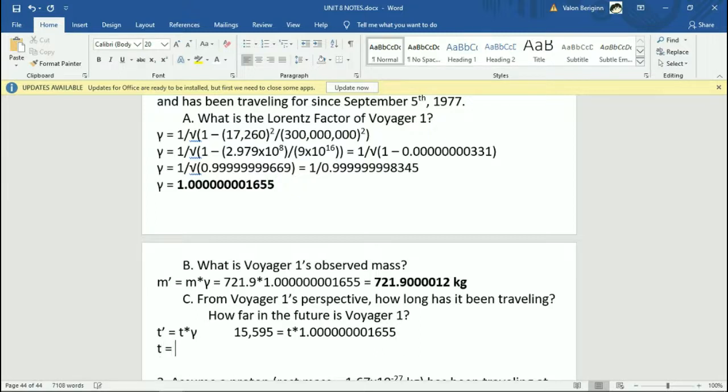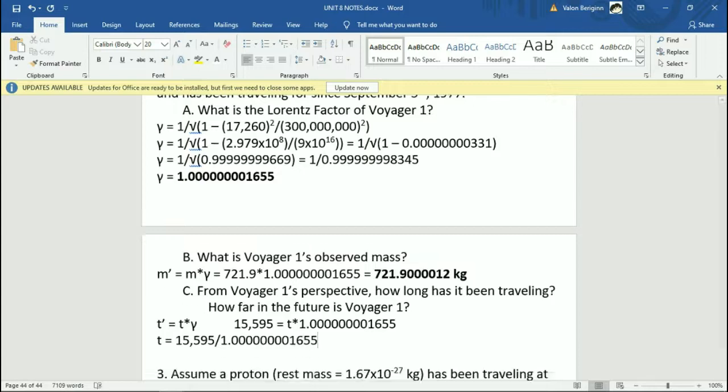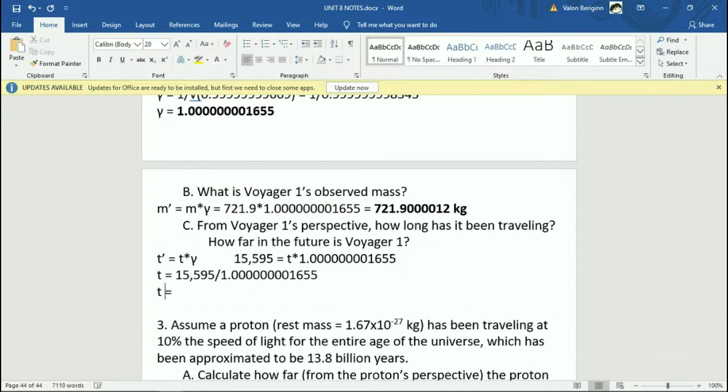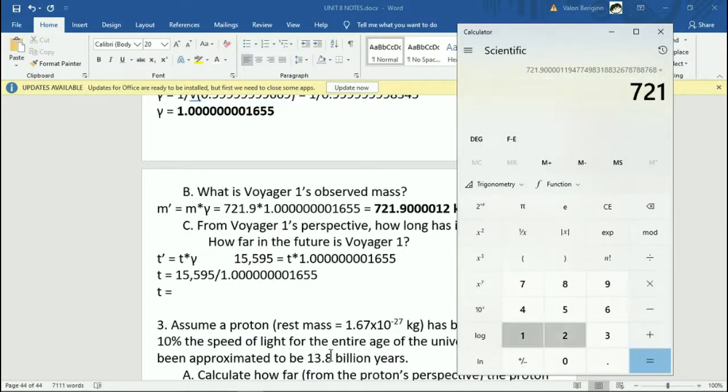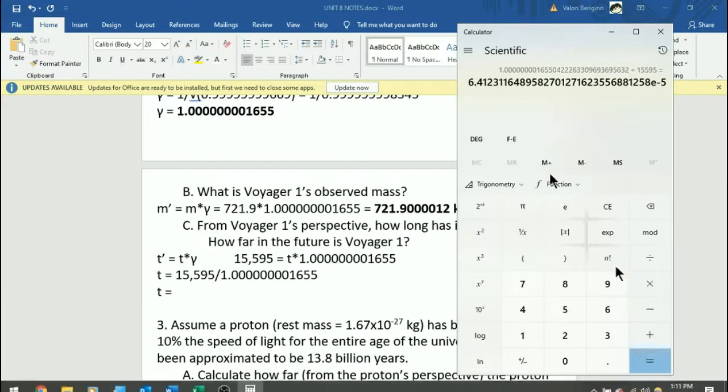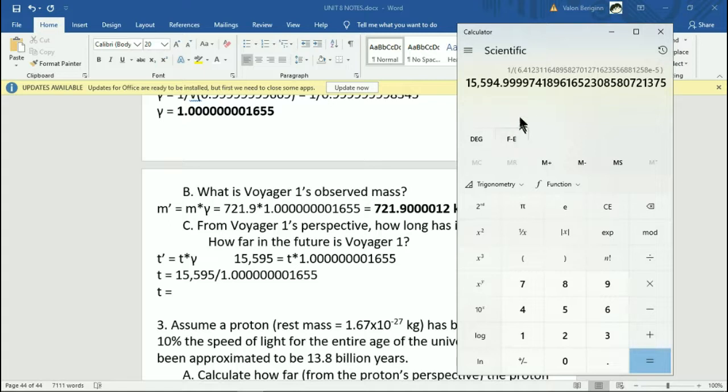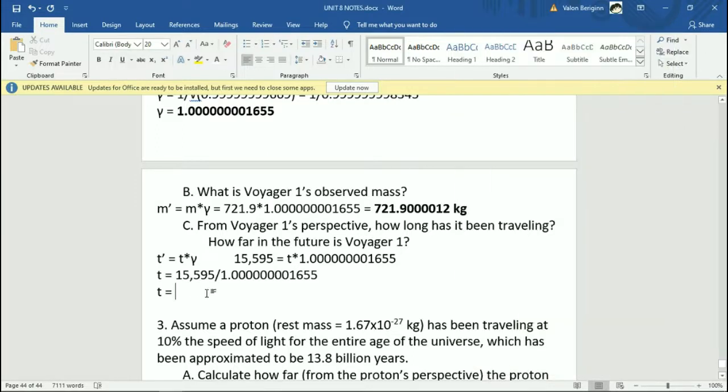So t equals 15,595 divided by that, and then flip it. Okay, so that's our answer. That many days.